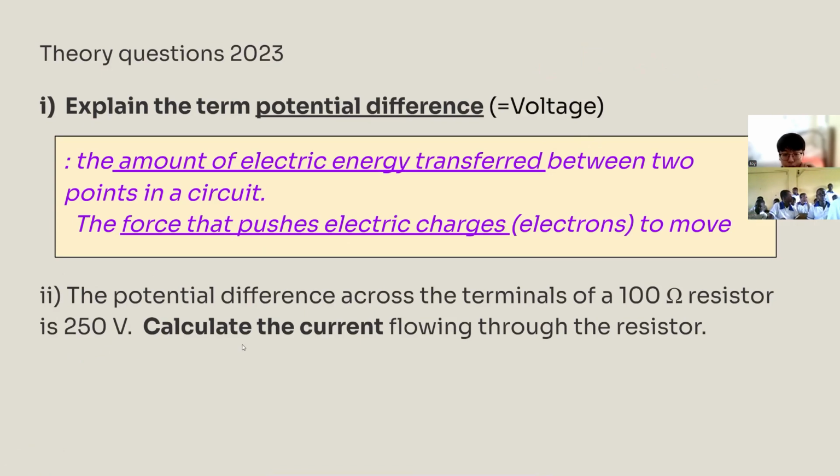The potential difference across the terminals of a 100 ohm resistor is 200 volts.